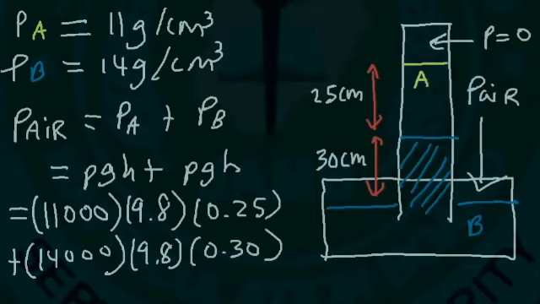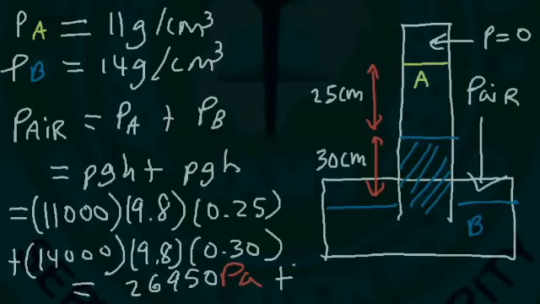And we just got to add the two gauge pressures. So 11,000 times 9.8 times 0.25. So the gauge pressure for fluid A is 26,950 pascals. Now for fluid B, it's 14,000 times 9.8 times 0.3.